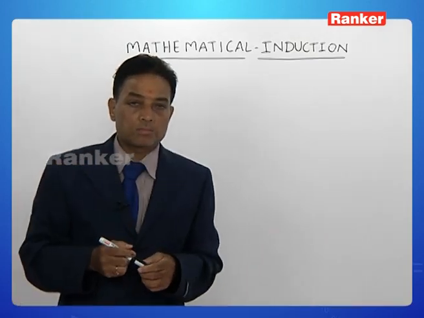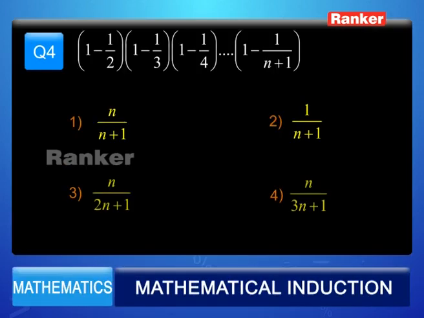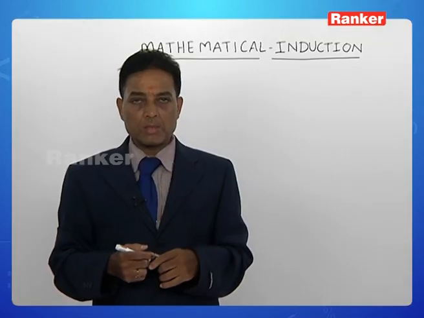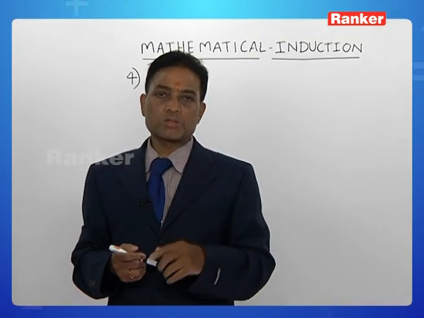Question number 4. (1 minus 1 by 2) into (1 minus 1 by 3) into (1 minus 1 by 4) and so on up to (1 minus 1 by n plus 1) is equal to what? Four options are there. First option n by n plus 1, second option 1 by n plus 1, third one n by 2n plus 1, and fourth one n by 3n plus 1. Let us see the right answer and right option for question number 4.